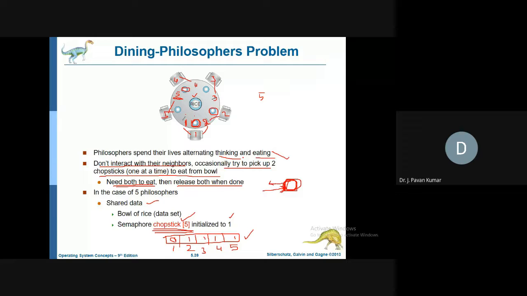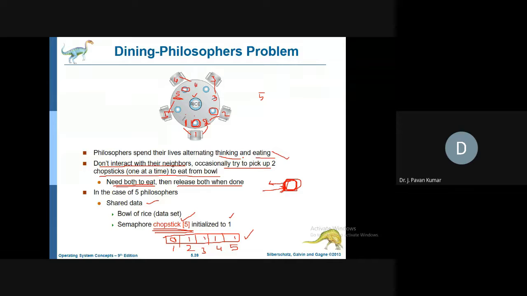Counting semaphore has values in an unrestricted domain, so we can have any values. We can have even negative values for a counting semaphore. A negative value indicates that that many processes are waiting on that particular semaphore. Next, whenever you consider counting semaphore, we have seen the P and V operations.